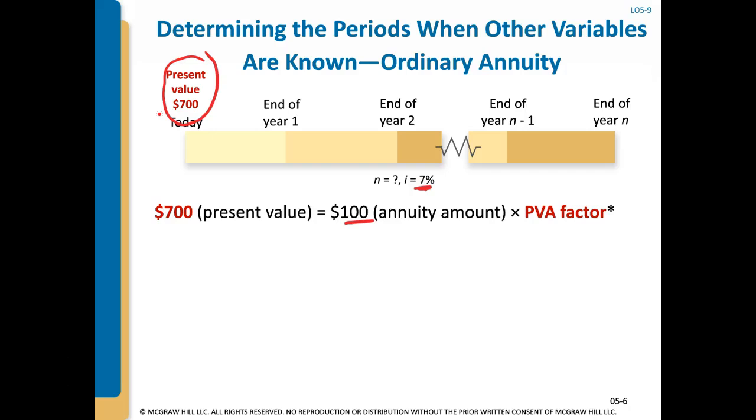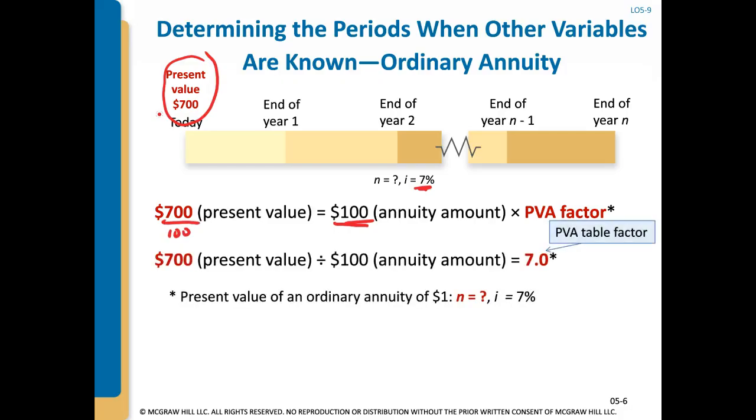So I'm going to divide both sides by 100, and my new formula is that 7 equals the present value of an ordinary annuity factor. So my present value of ordinary annuity factor is 7.